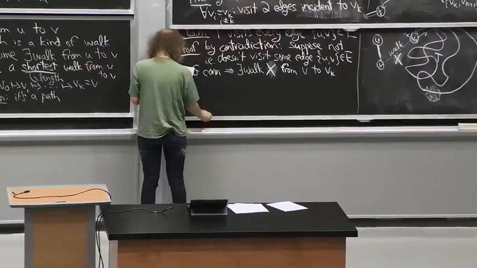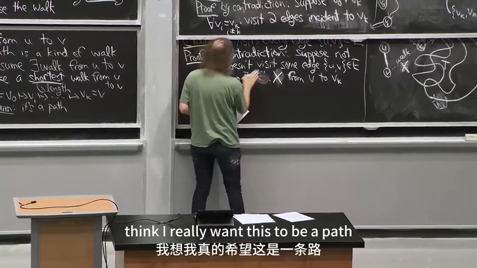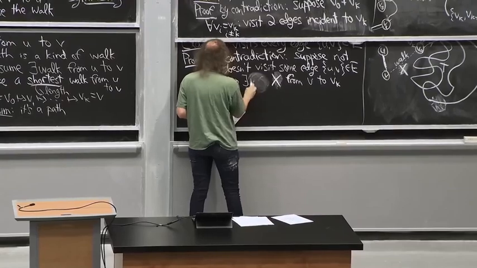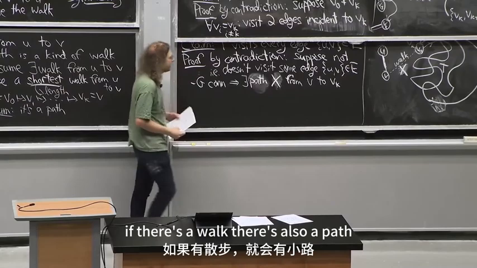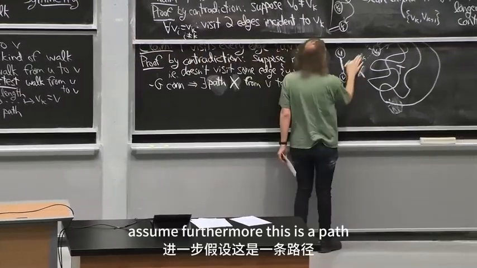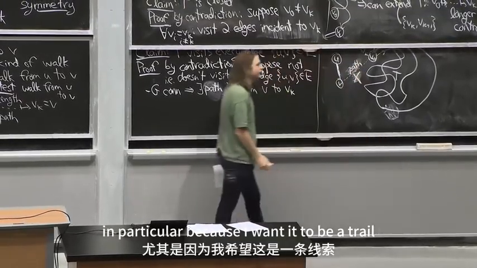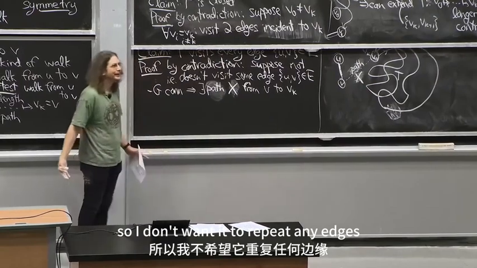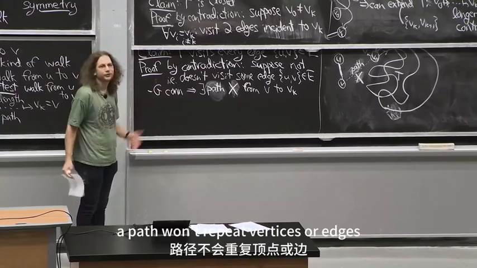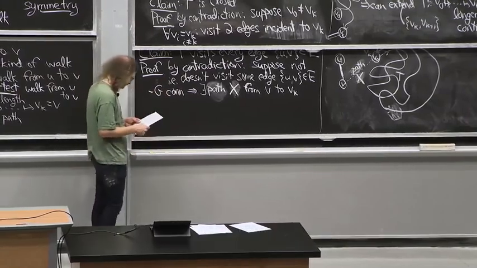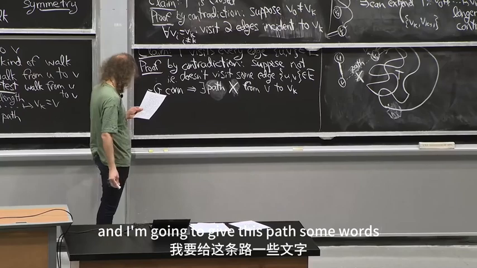I think I really want this to be a path. If you don't mind. We know for connectivity's sake, this is the same thing. If there's a walk, there's also a path. So now let's assume furthermore this is a path. In particular, because I want it to be a trail, so I don't want it to repeat any edges. And a path won't repeat vertices or edges, so that's a little better. It's even better.